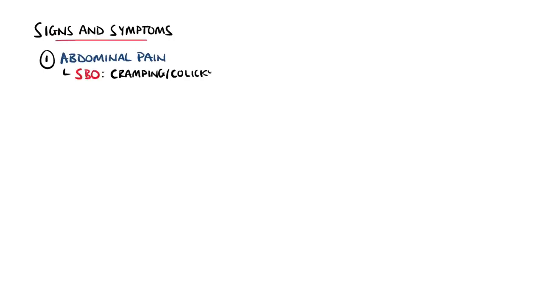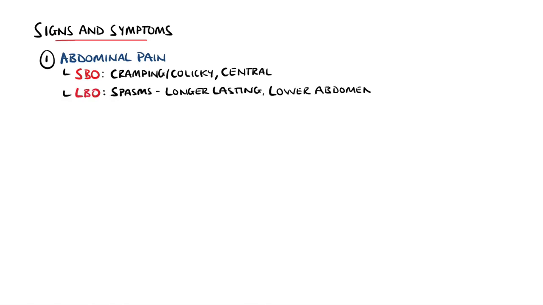Patients with intestinal obstruction will typically manifest abdominal pain, which in small bowel obstruction is usually a cramping or colicky pain in the center of the abdomen due to peristalsis that may be working against the obstruction. While in large bowel obstructions, the spasms typically last longer or are continuous and are felt lower in the abdomen.